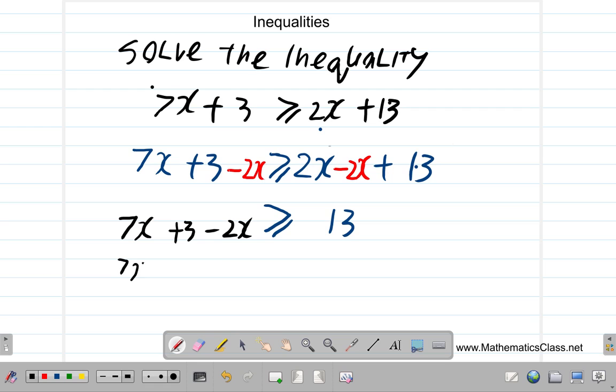So I'm going to have 7x plus 3 minus 2x is greater than or equal to 13. Then I do the subtraction here. So a minus 3 on the left, minus 3 on the right. You see that?